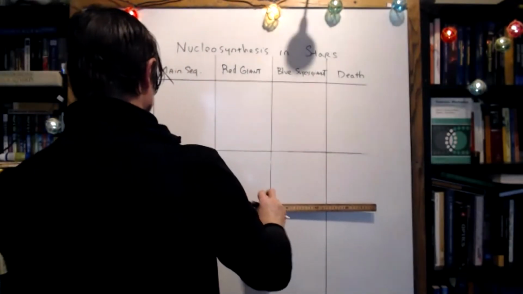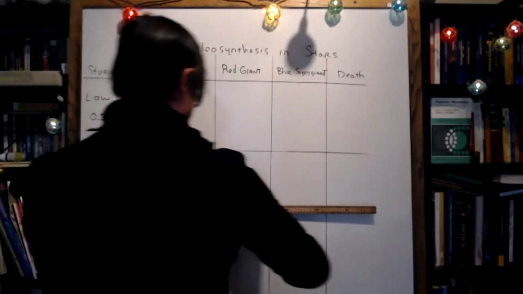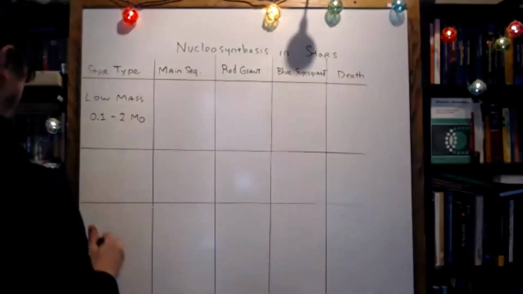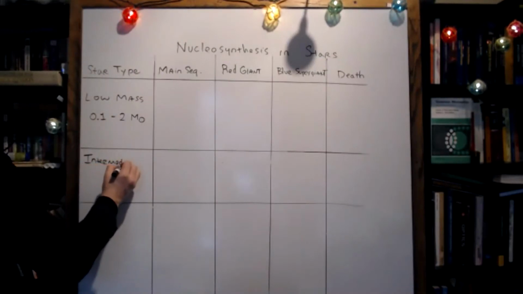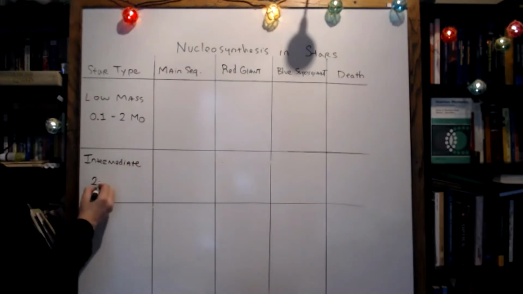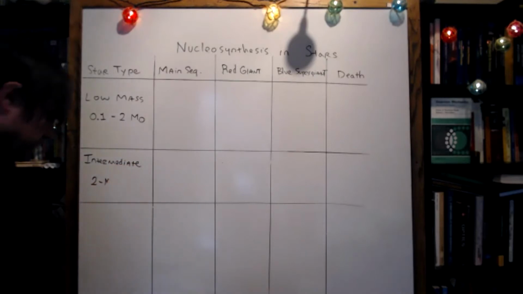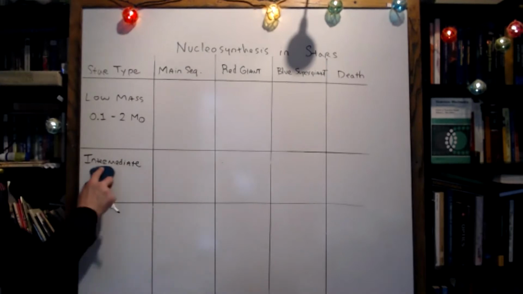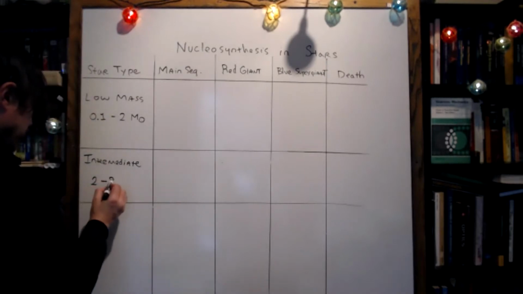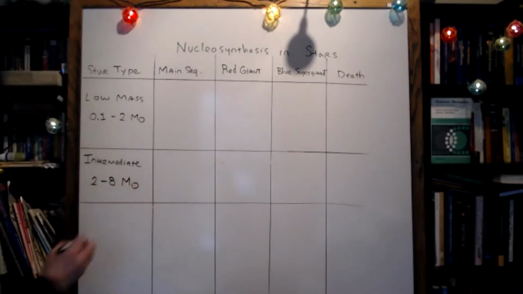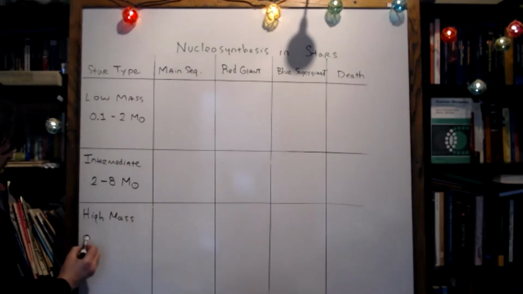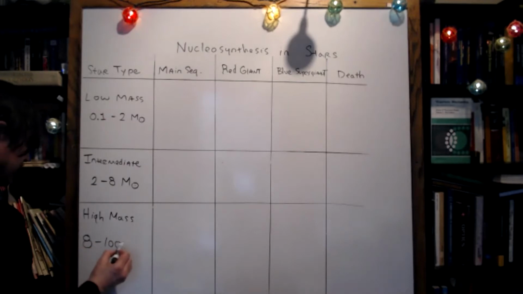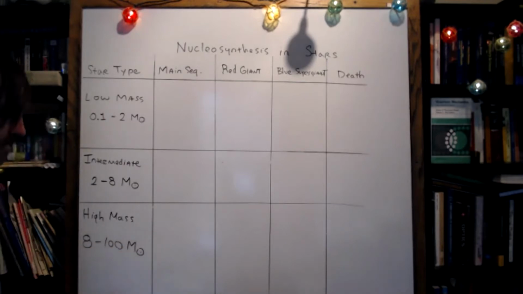We'll contrast that with intermediate mass stars, which run from 2 to 8 solar mass units. And then we'll do high mass stars, which go from 8 to 100 solar mass units.